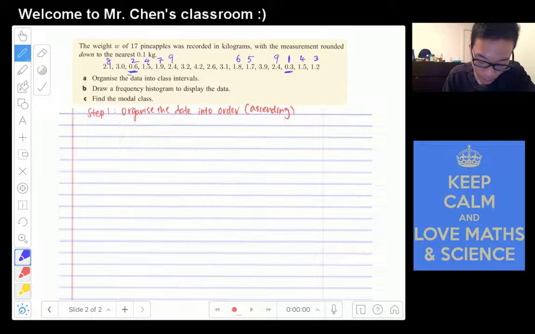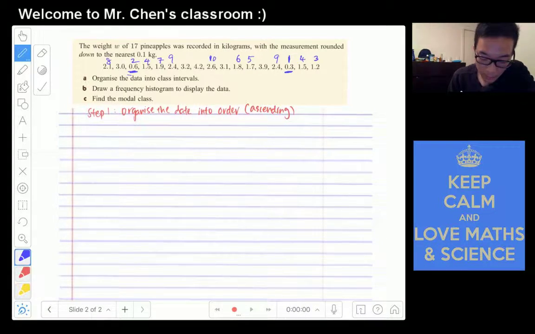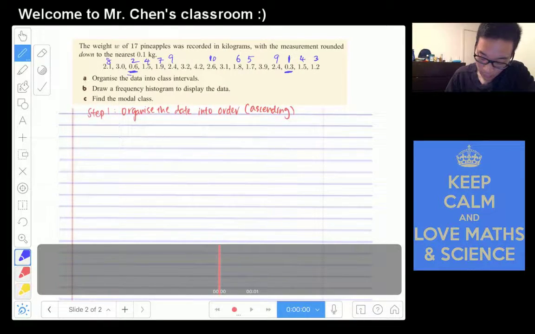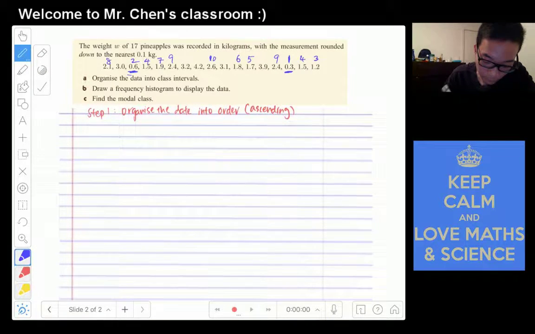Okay, and then after that we will have 2.6, which is number 10, and then 11 we have 3, then 12 is 3.1, 3.2, 13, and then 14, and 15.